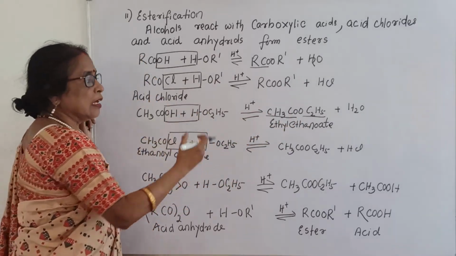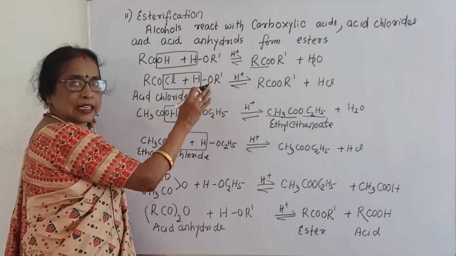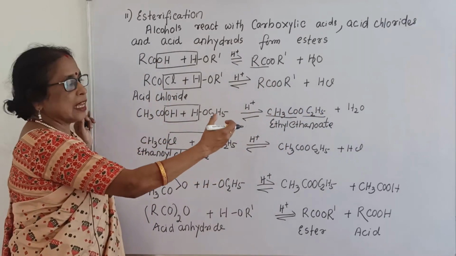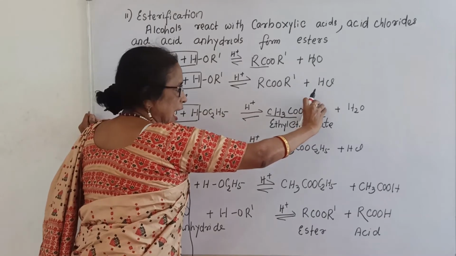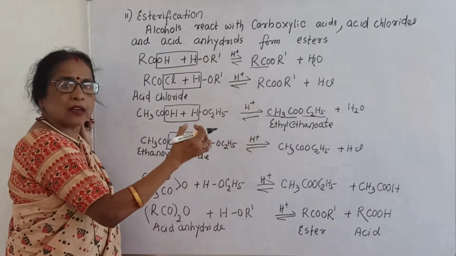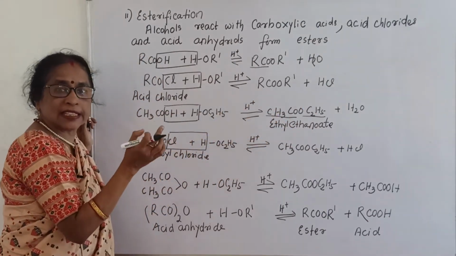So how can you name it? I told you, name it from the right side. When you write from the left side, that is from the acid. When you name from the right side, that is from the alcohol part. So first you name it ethyl, and this is from acetic acid. So by common name, ethyl acetate. Why acetate?